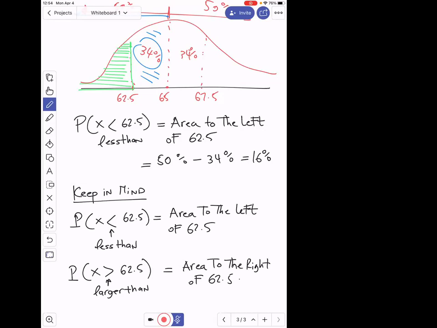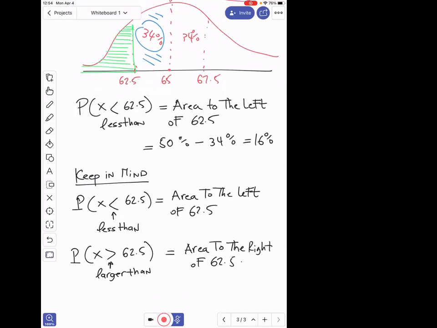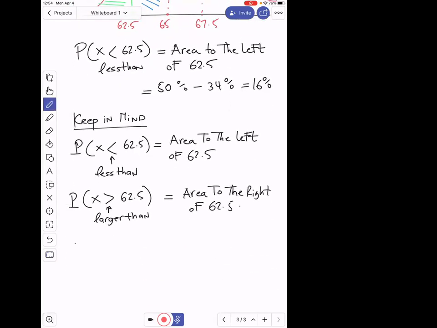And of course there is the area between two numbers. Let's say your X is between, I don't know, 60 and 65. So this is X between two numbers, the area between 60 and 65.